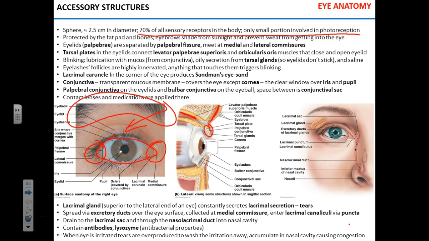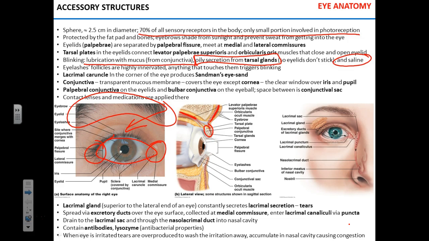One of them is the secretion from the tarsal glands. It's oily, and it prevents the eyelids from sticking. There is saline that is produced mostly in the form of tears. And then there's mucus. Mucus is produced by the layer of cells known as conjunctiva.